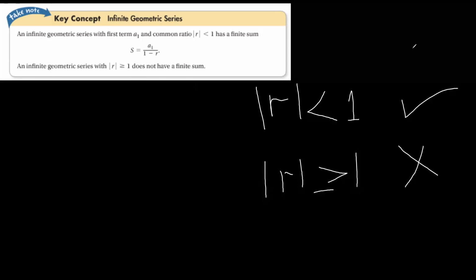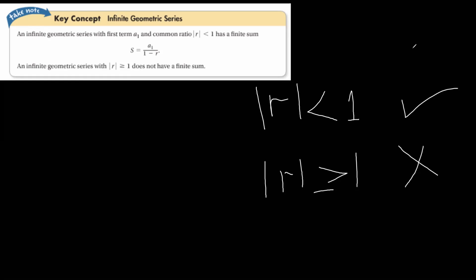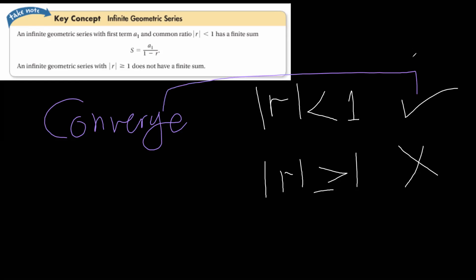Now, for the first case, where the absolute value of r is less than 1, we name it converge. So if the numbers converge, that means the common ratio of these numbers is less than 1, so I can find the summation.